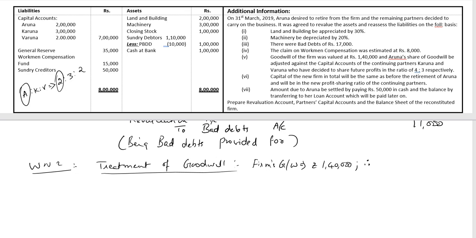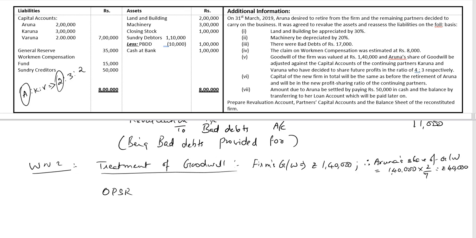Therefore, Aruna's goodwill is equal to 1,40,000 rupees multiplied by Aruna's share, which is 2 divided by 7, which is rupees 40,000.